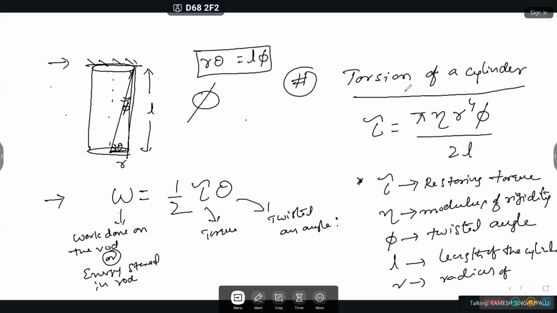Next. Bulk modulus. K is equal to what, Amma? Volume stress by volume strain. Amma, write down. Bulk modulus. Next point.